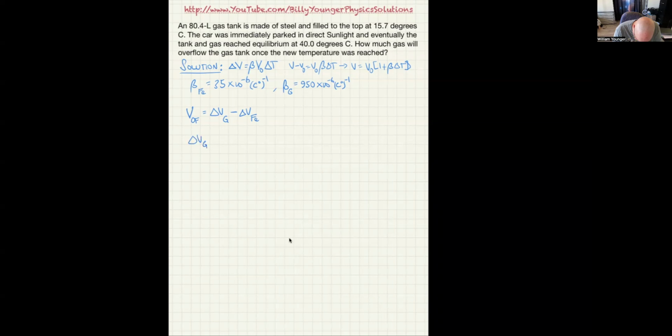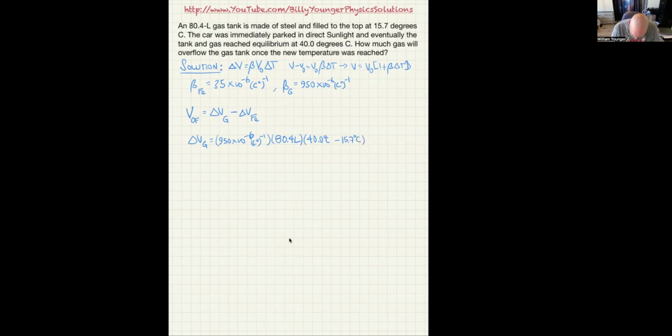Delta V for the gas is going to be, we have to put in the beta first, which for the gas is 950 times 10 to the negative 6 reciprocal Celsius degrees, times the initial volume, which in our case was 80.4 liters, times the change in temperature, which will be 40.0 degrees Celsius minus 15.7 degrees Celsius.